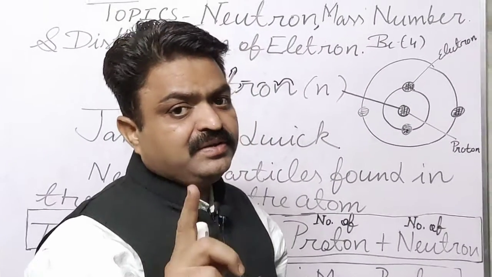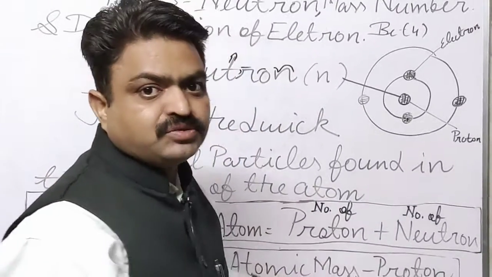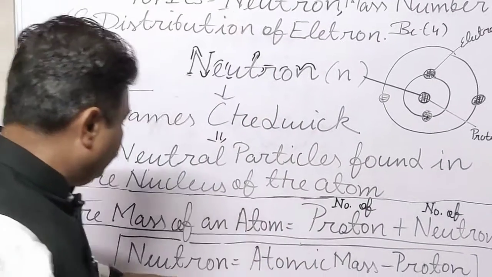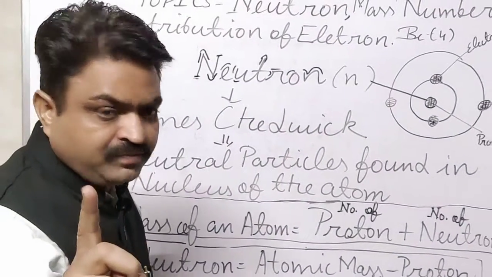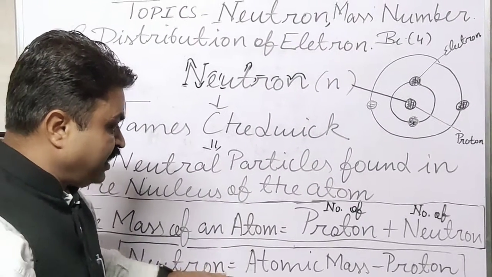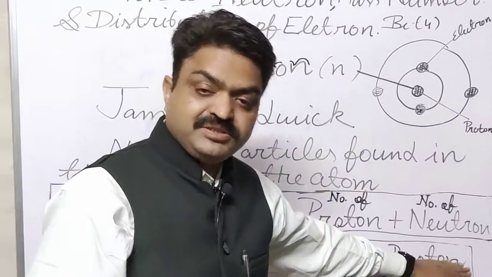Means if we subtract the number of proton from the atomic mass or the mass number, then we get the number of neutron. So this is the formula.